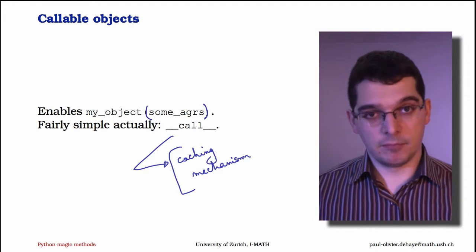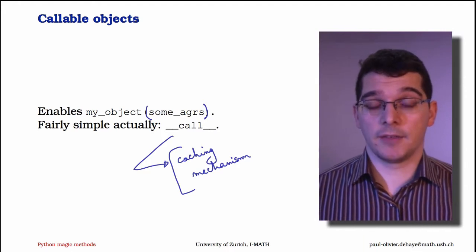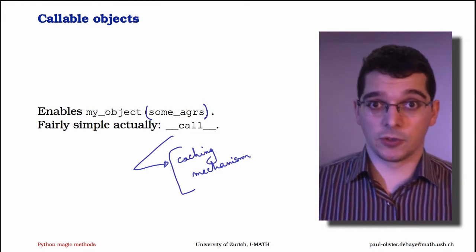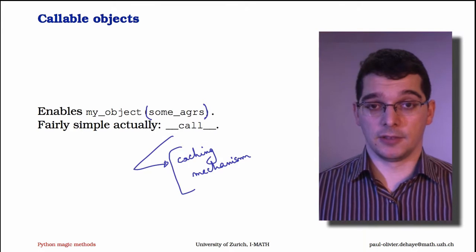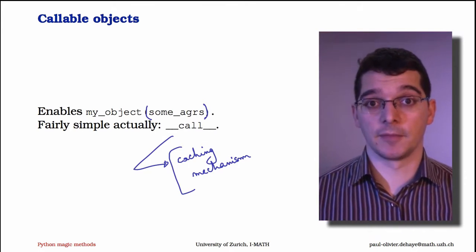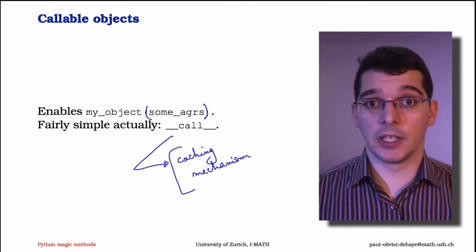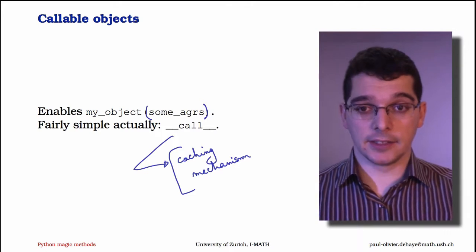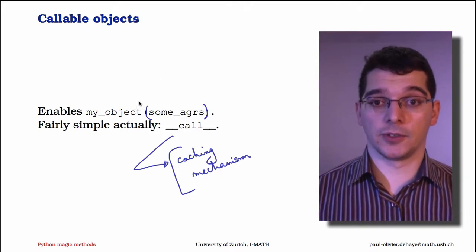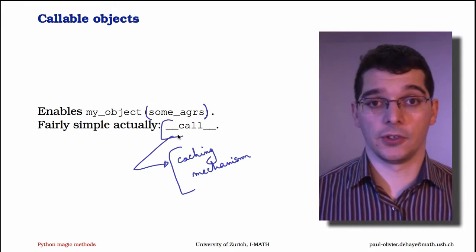And instances of this class should have the same behavior as before. You don't want to modify the behavior to the outside. You just want to add the functionality to a function that it caches its previous computations. So in order to do this, you need to be able to simulate a function call. And this is done by making your cached object callable. So you have to define this method call on the cached object.